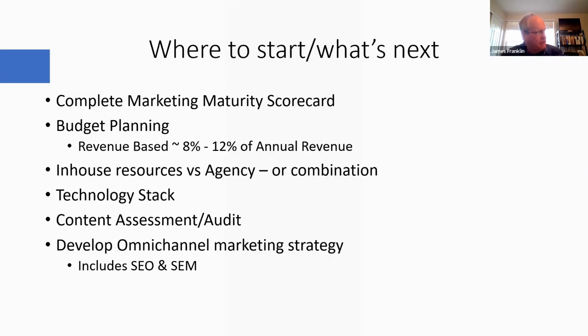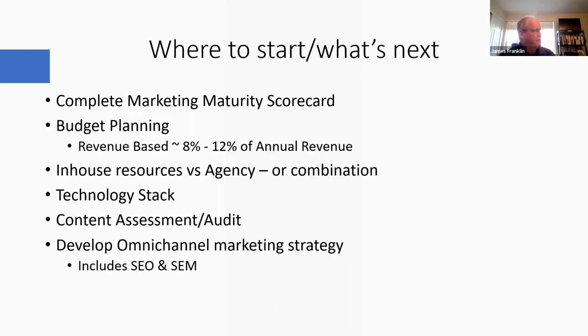So the revenue, how much revenue do I want to use? The numbers that I've used and I've seen out there for years, especially for smaller companies, defined as under 50 million, are 8 to 12% of annual revenue just for marketing. There's the sales component on top of that as well, but this is just for marketing.